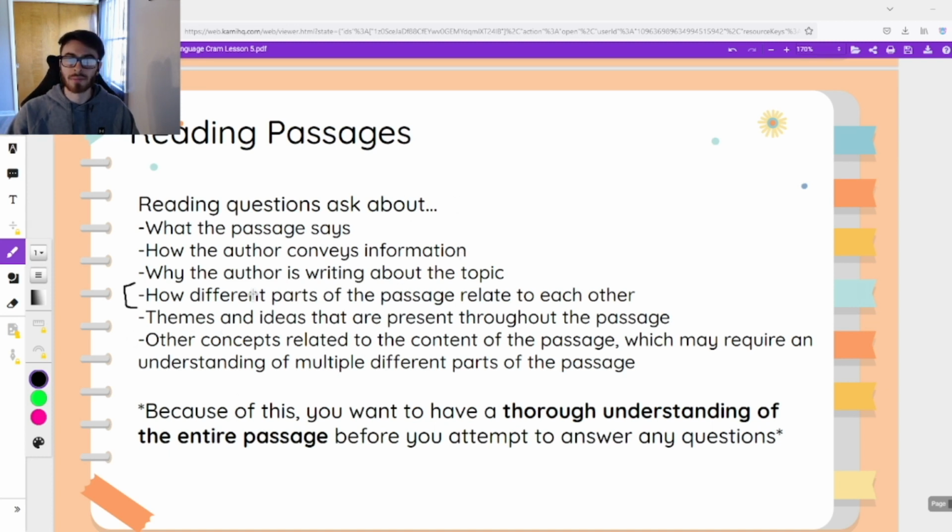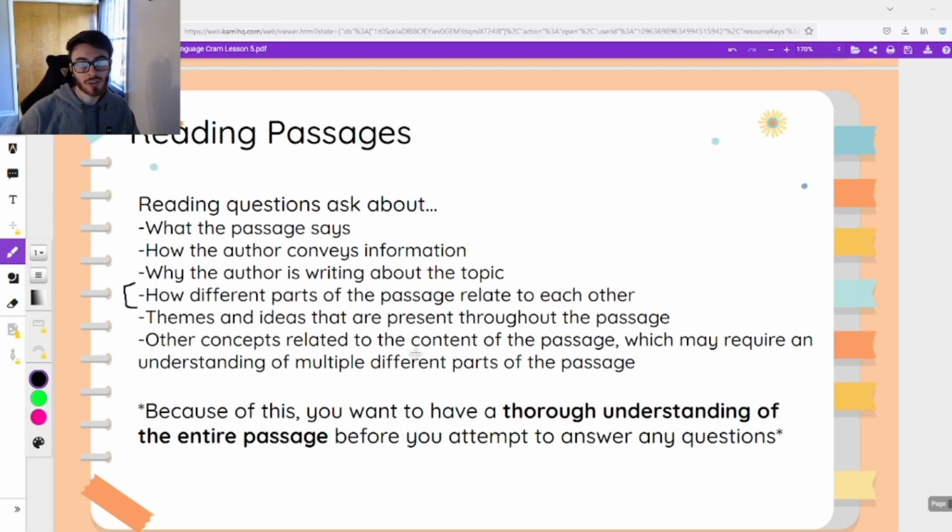Because the questions may refer to the entire passage rather than a specific part, or because they may refer to multiple different parts, these questions tend to be sort of complex. You want to have a thorough understanding of the entire passage before you attempt to answer any questions.